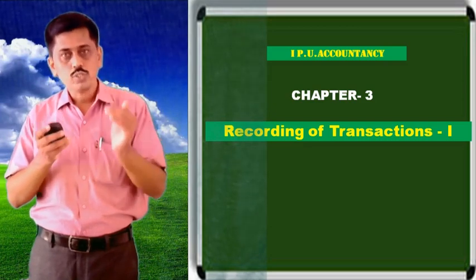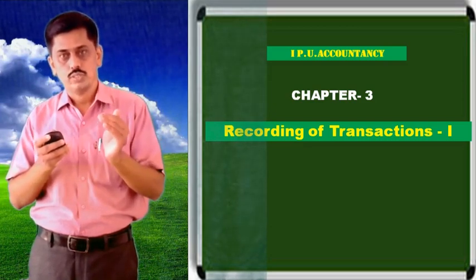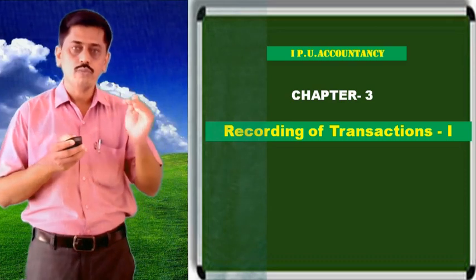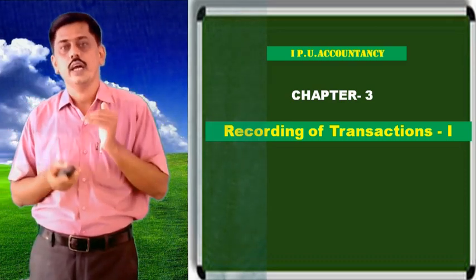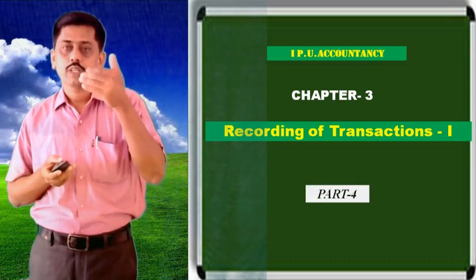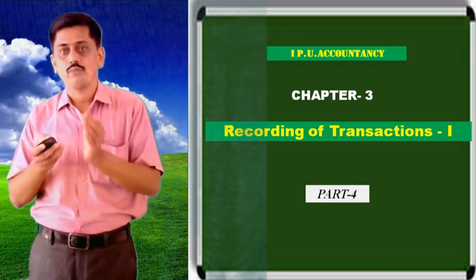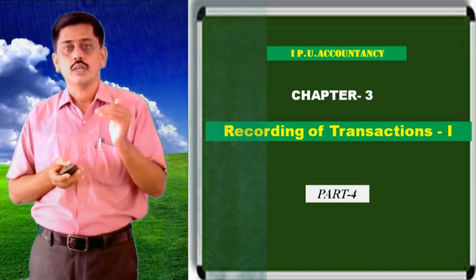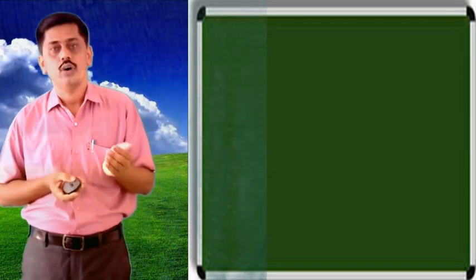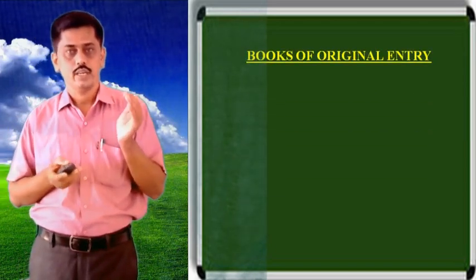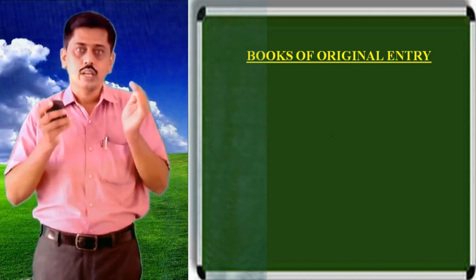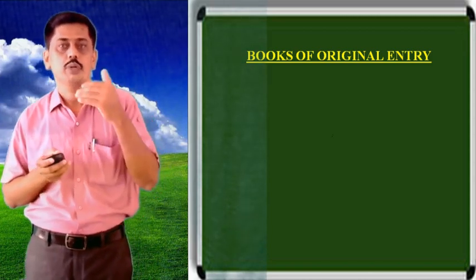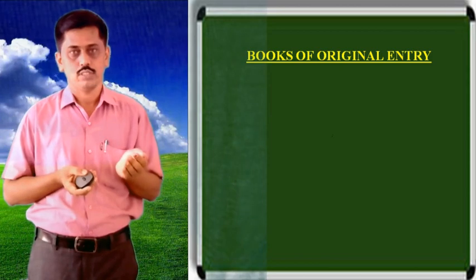And the books of account include two types: the book of original entry and the principal book of account, or the book of final entry. The journal is called the basic book of original entry, and the ledger is called the principal book of account.